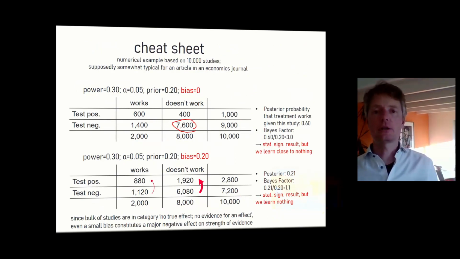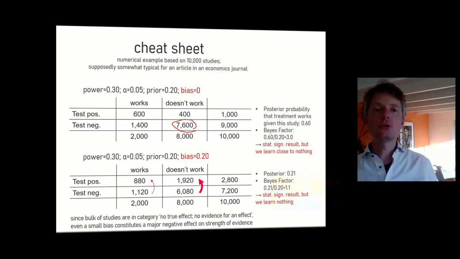Now here's a numerical example with power, priors, and alpha chosen such that it is fairly typical for an economics journal. So basically with a power of 30%, alpha of 0.05, a fairly skeptical prior of 0.2, but first no publication bias.